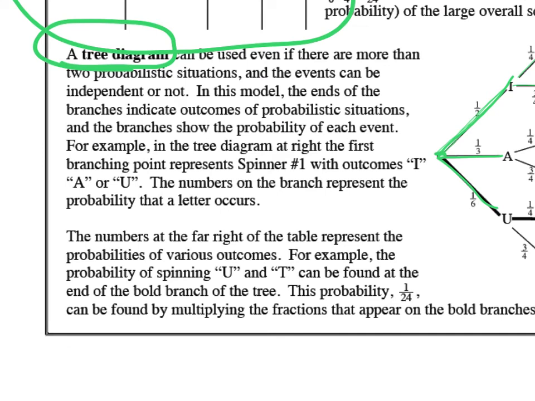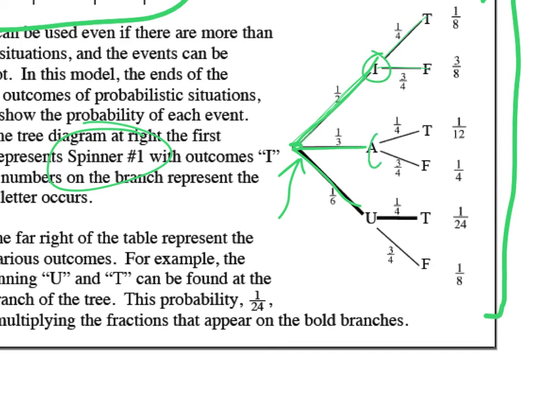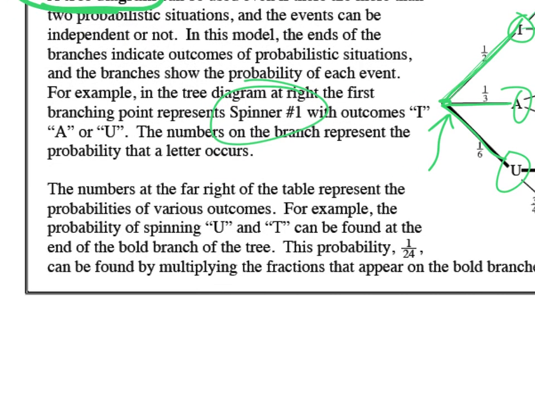Okay, it says, for example, in the tree diagram at the right, the first branching point represents spinner number 1. So this point right here represents spinner number 1. And then each of the associated vertices right here represents spinner number 2. The numbers on the far right of the table represent the probabilities of various outcomes.